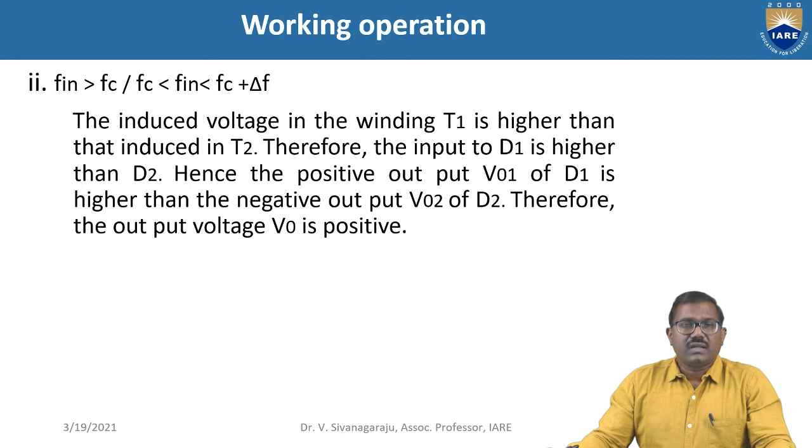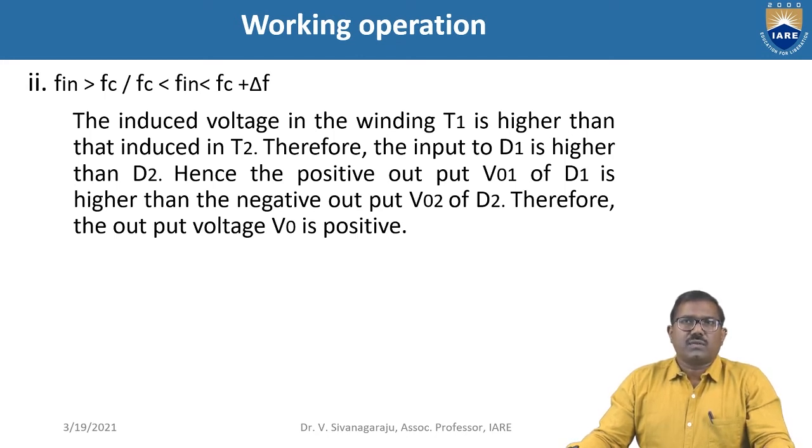Or simply, the input frequency is greater than Fc. So in this situation, the induced voltage in the winding T1 is higher than that of T2. Therefore, the input to D1 is higher than D2.